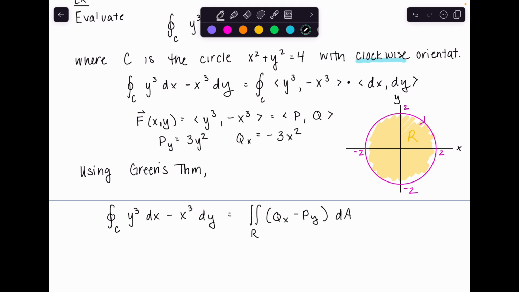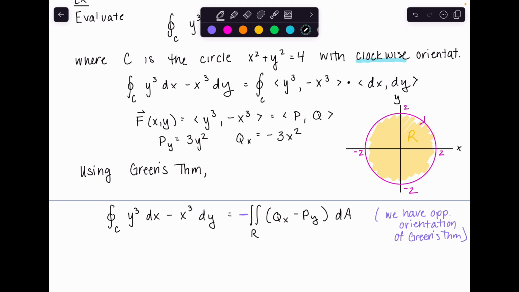But again, this would be for clockwise orientation, so I need to put a minus sign out front here, because we have the opposite orientation of Green's theorem.